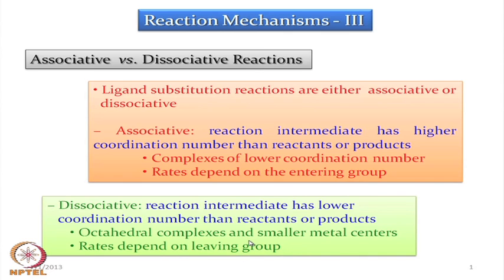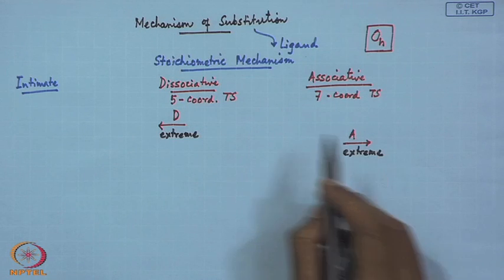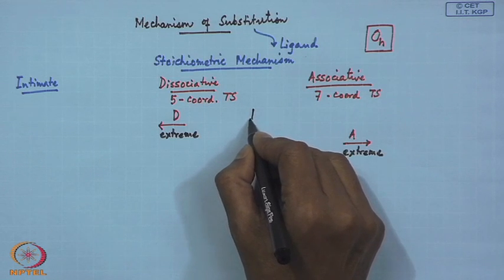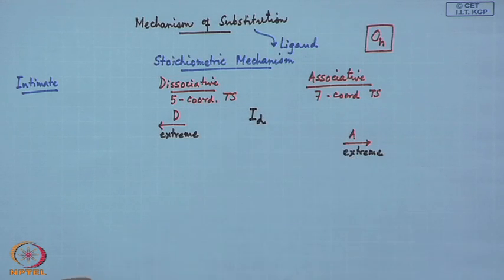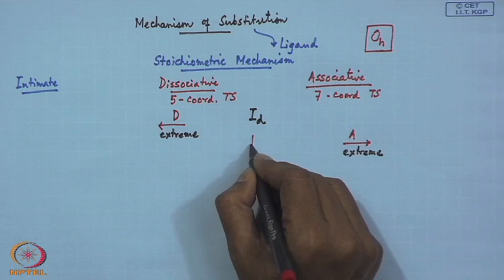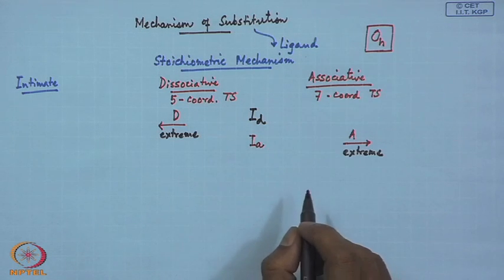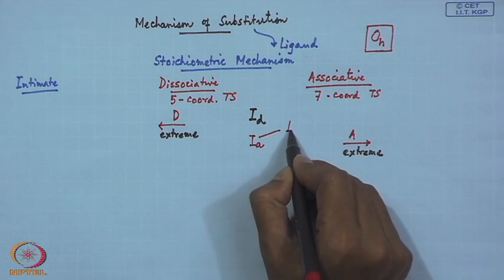So, when we have these two, D at one extreme end and A at the other end, we have two other intermediate reactions, known as interchange dissociative and interchange associative. So, one is I small d and I small a, and this I is the interchange.